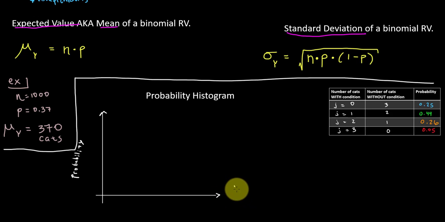And down here we've got capital Y, which we know is the number of kitty cats with the polydactyly condition. And we know we can have 0, 1, 2, or 3 cats. And our largest probability here corresponds to 1 success. And I will put tick marks up to 0.5. 0.1, 0.2, 0.3, 0.4, 0.5.